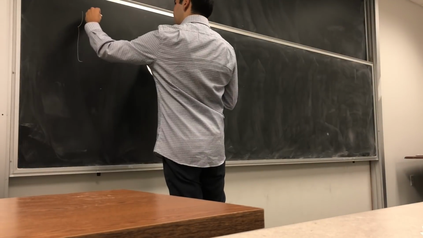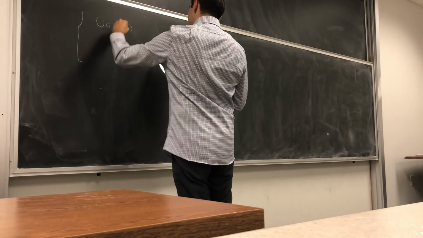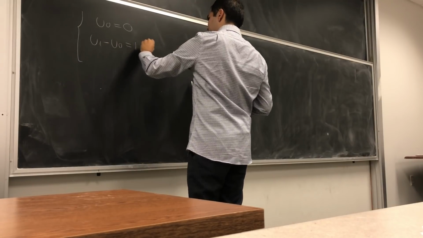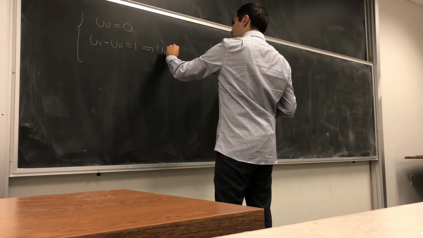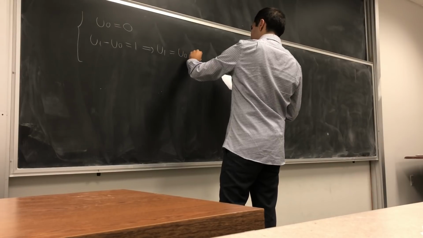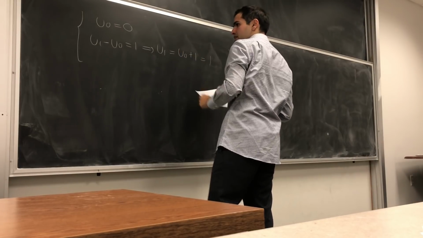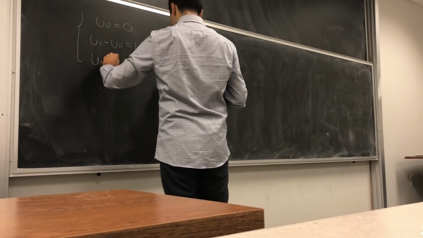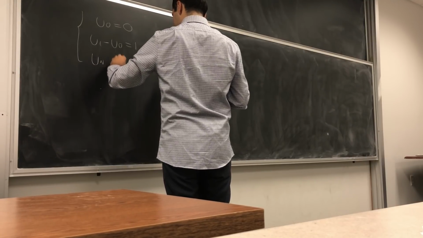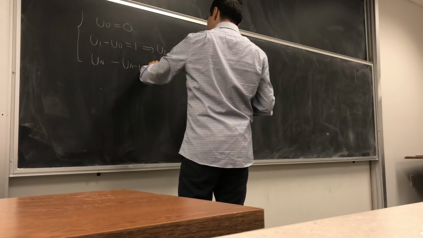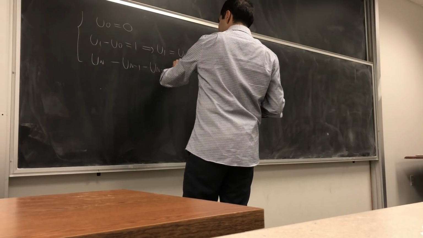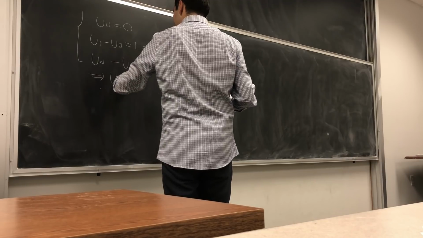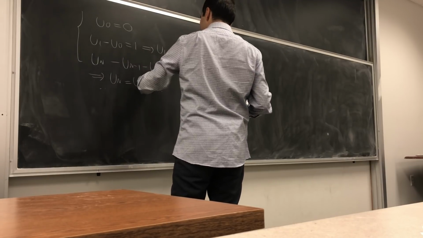So we get u0 equals 0, u1 minus u0 equals 1, which tells you that u1 is u0 plus 1, which is 1. And lastly, we have un minus un minus 1 minus un minus 2 equals 0, which in fact gives us the Fibonacci relationship.